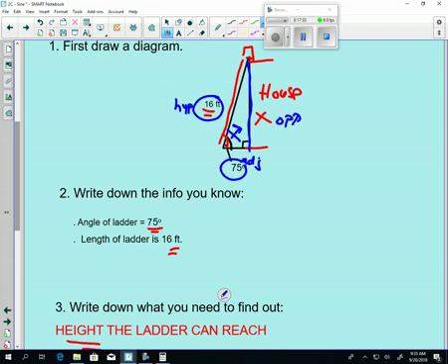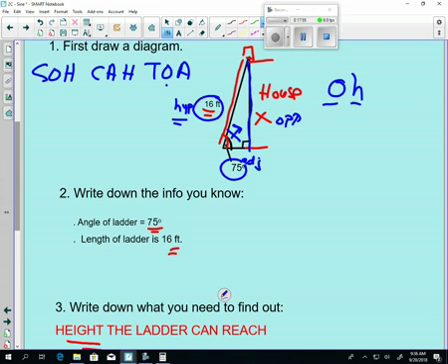They want to know what x is, the opposite side. The side they've given me is the hypotenuse, h. So if I look at my trig ratios, SOH CAH TOA, the one that has an O and H in it is sine. So I have to use sine this time, not tangent.